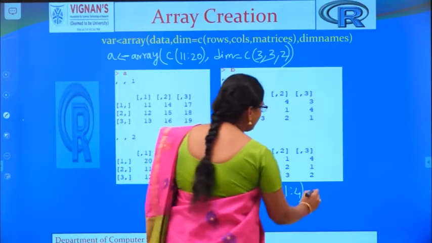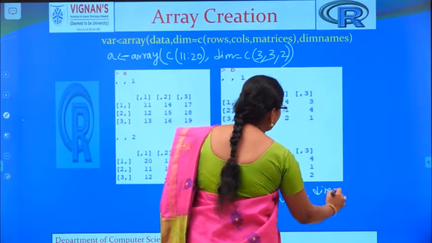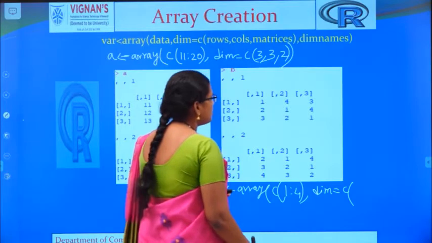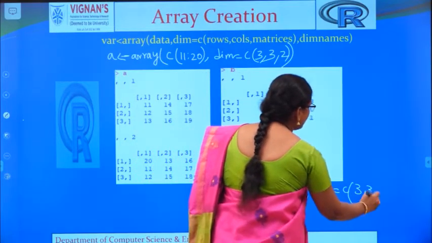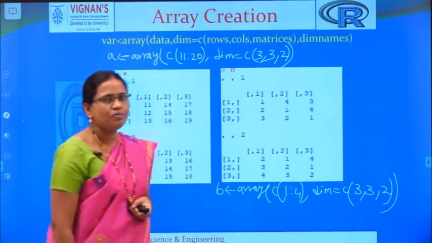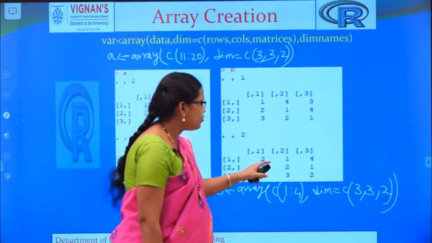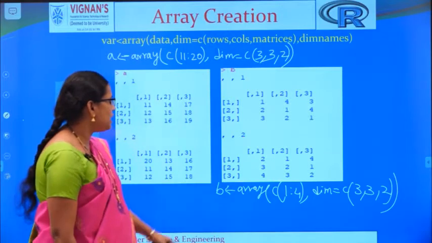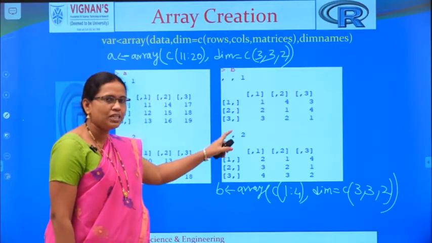And then what about the dimensions? The dimensions is equal to c of 3 comma 3 comma 2. So 3 rows, 3 columns and the number of matrices is 2. So you have to give 2. By giving this statement you will be able to get this matrix.